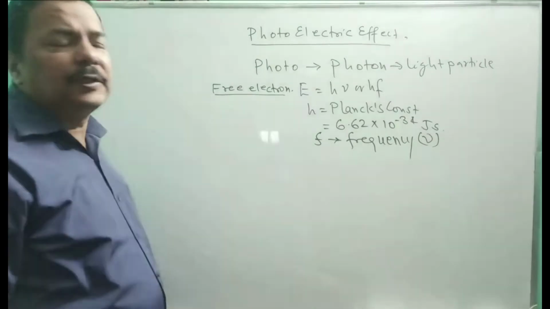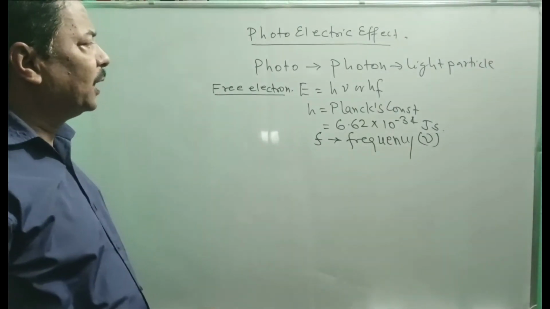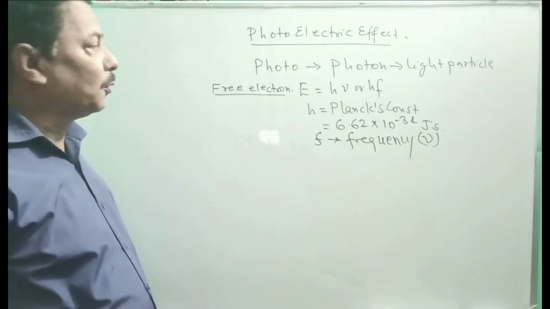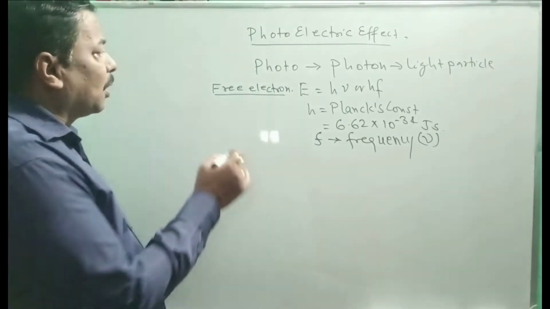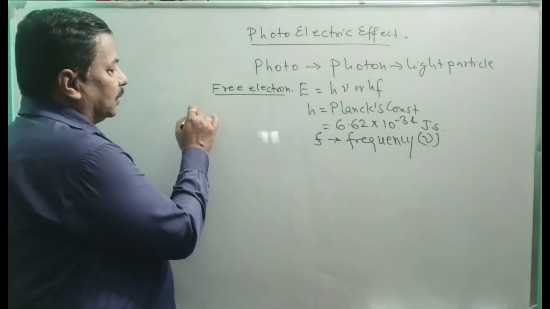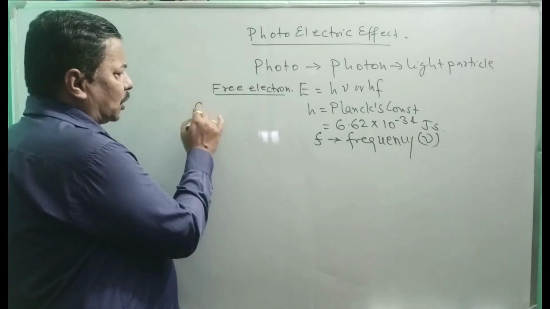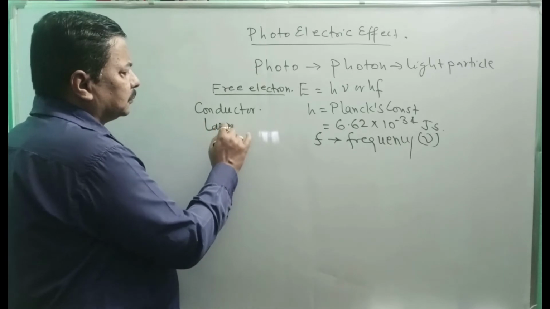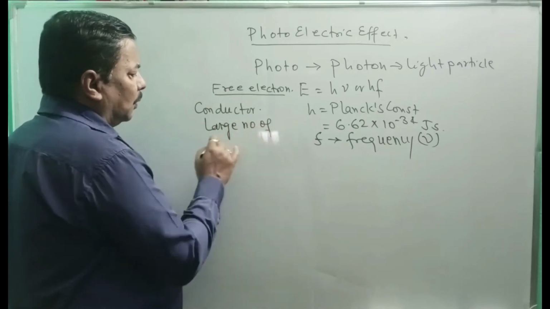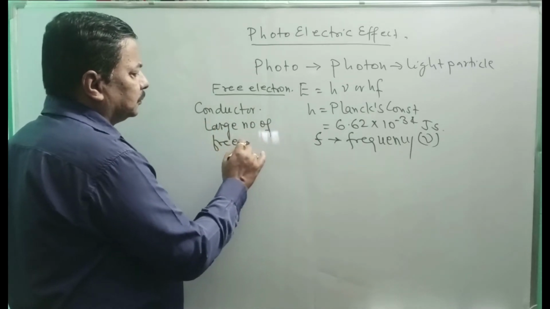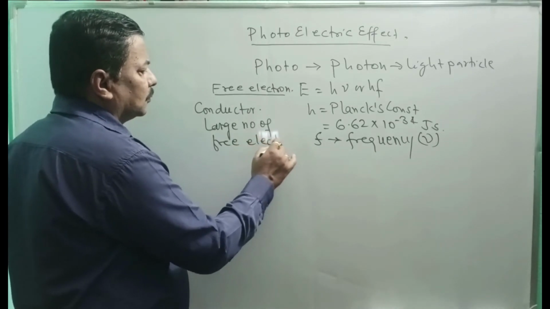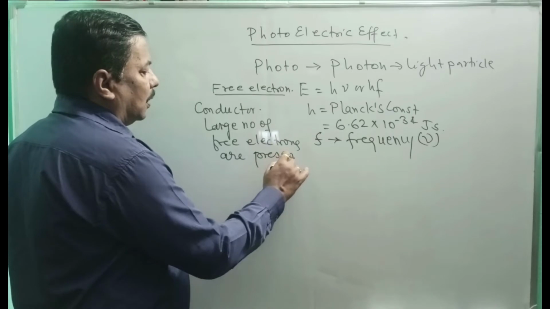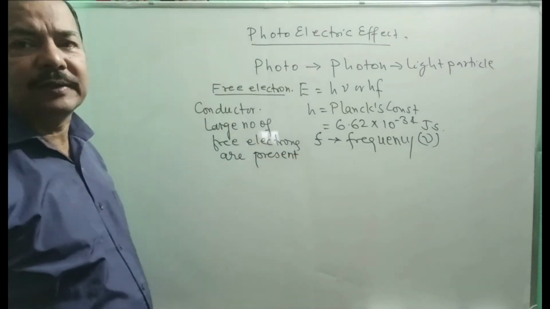In current electricity, you have understood that free electrons are those electrons, especially in case of your metal, large number of free electrons are present. If we talk about conductor, large number of free electrons are present.